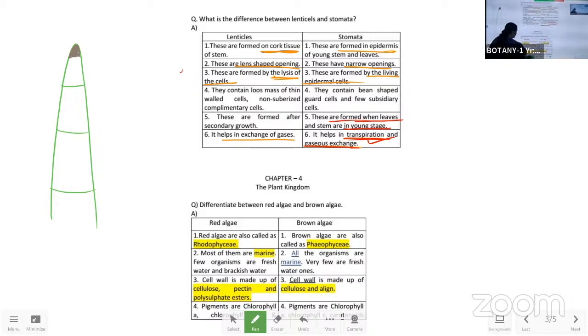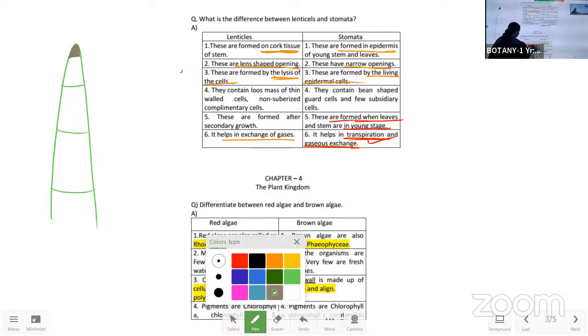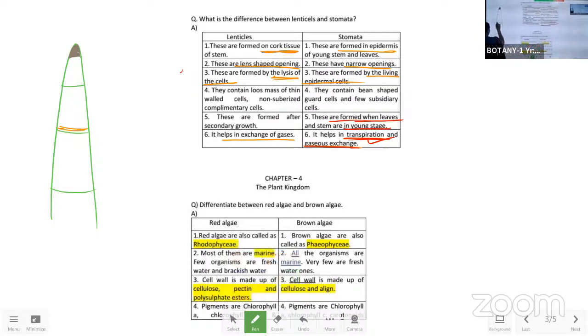These are the apical meristematic tissue. And these are the intracalary meristematic tissue.